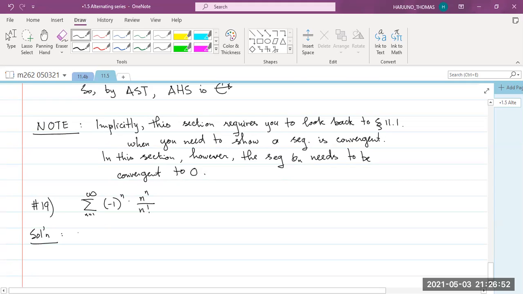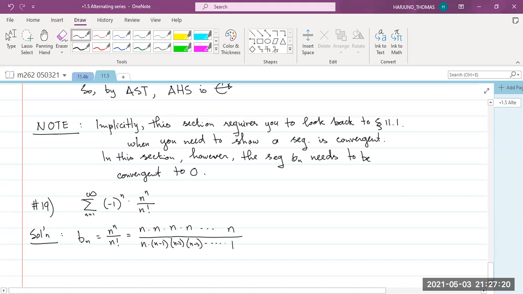Well, we take a look at the positive term. This is n times n times n all the way to n, over n times n minus 1 times n minus 2 times n minus 3 all the way down to 1.